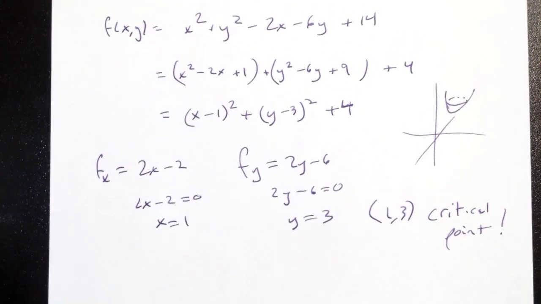And now, because I know the shape, I can say, perfect, this is an upward opening paraboloid. It is going to have a bottom. Our critical point is the bottom of this paraboloid. That's a local minimum. As a matter of fact, it's an absolute minimum, because I can look at the rest of the graph and say, that makes perfect sense.